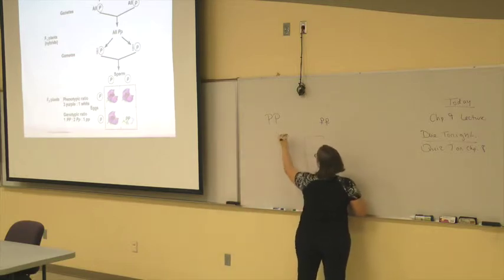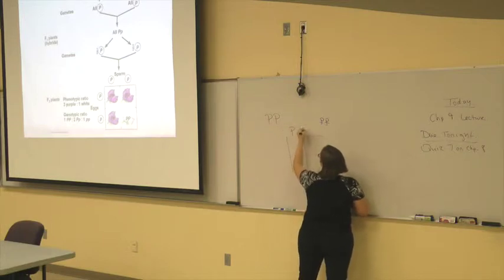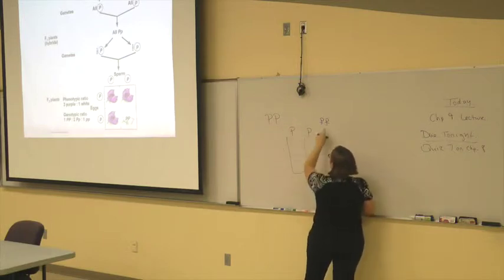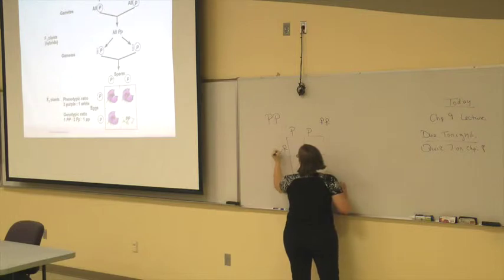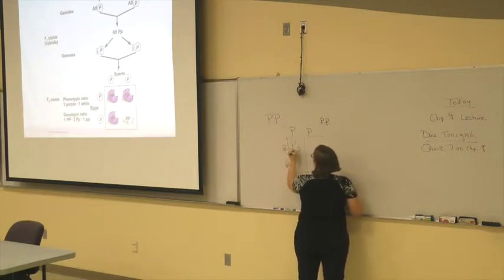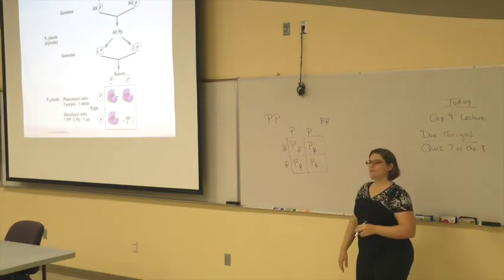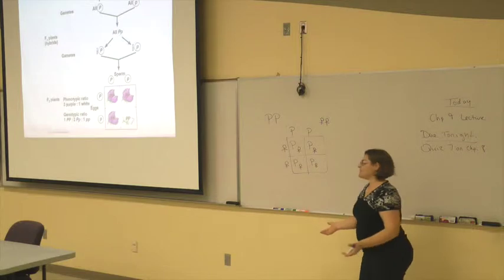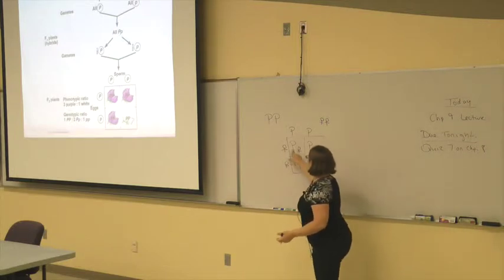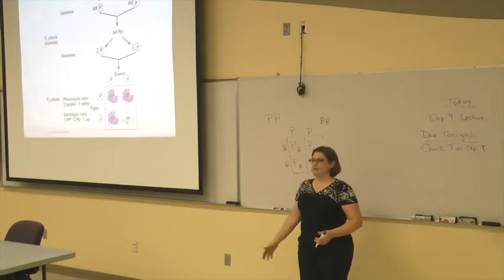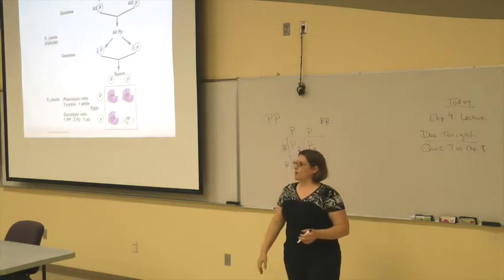Dad, half of the sperm, big P, other half of the sperm, big P. Mom, half of the eggs, little p, the other half of the eggs, little p. And when you bring it together, you get big P, little p across the board. That's why all the offspring were purple, because they had at least one copy of the dominant allele, big P, that coded for the purple flower color.